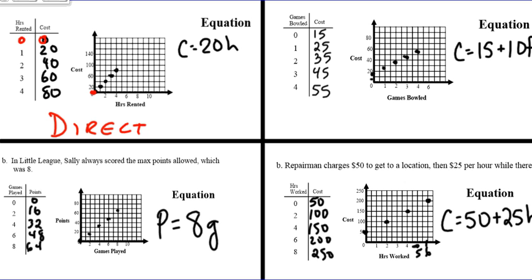Also, Sally's is a direct variation graph because 0 games played, she has 0 points. So that graph starts at the vertex 0, 0 as well. We can see on the other graphs on page 4, we're not going through the 0, 0 vertex, so they aren't direct. So we're looking at the two graphs on page 3 for this.